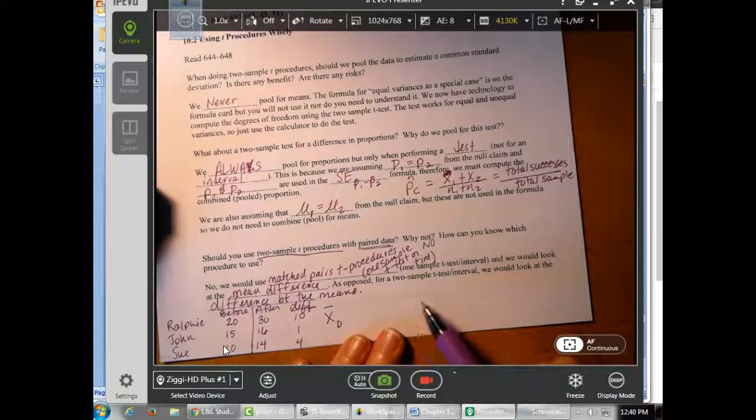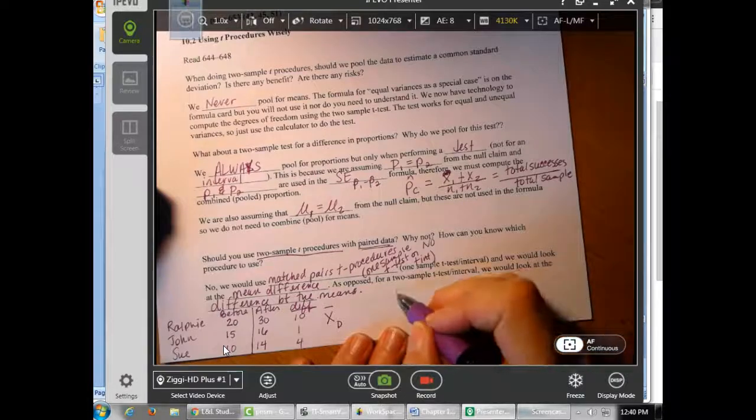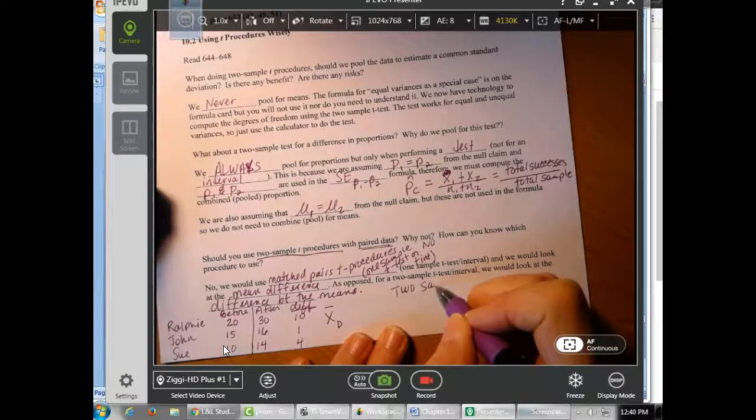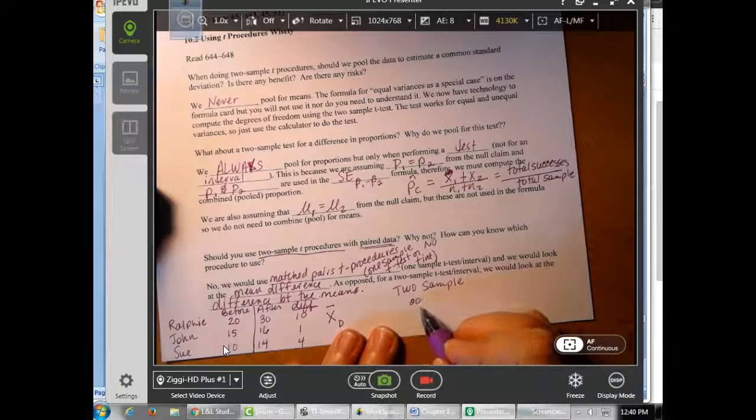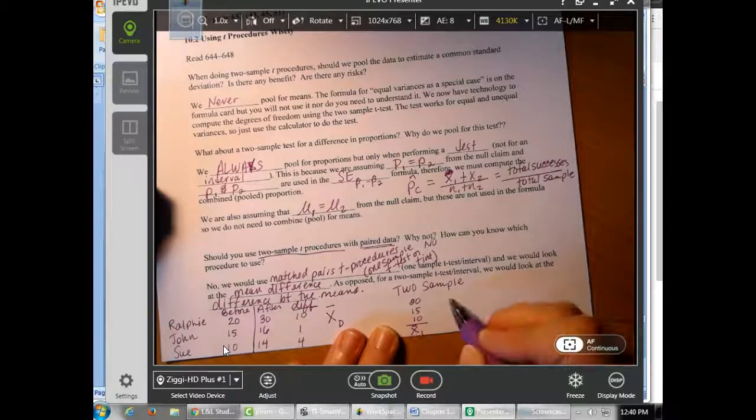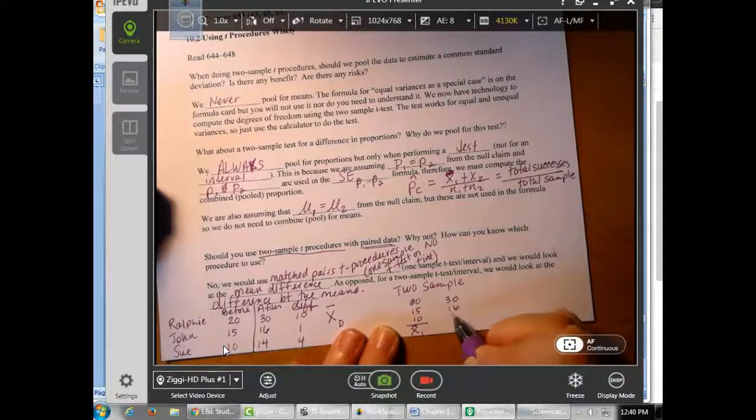Okay. So guys, a 2 sample might look a little bit different. If I had a scenario where I didn't need to maintain the matching, what I would do is say 20, 15, 10, and get the average of the first sample. So it'd be X bar sub 1. And then I would do 30, 16, and 14 and get X bar sub 2.